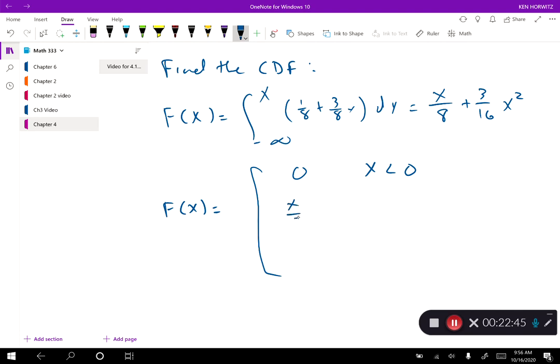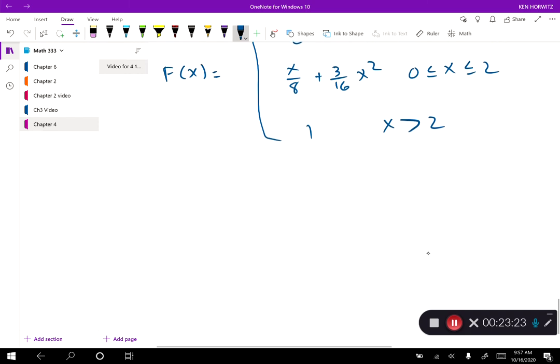It is going to be x over 8 plus 3/16 x squared when 0 is less than or equal to x less than or equal to 2, and is going to be 1 when x is greater than 2, because once we're greater than 2, we've accumulated all the probability we're going to get. All right, so there is our CDF. And now we want to find the probability, so part B of our problem.